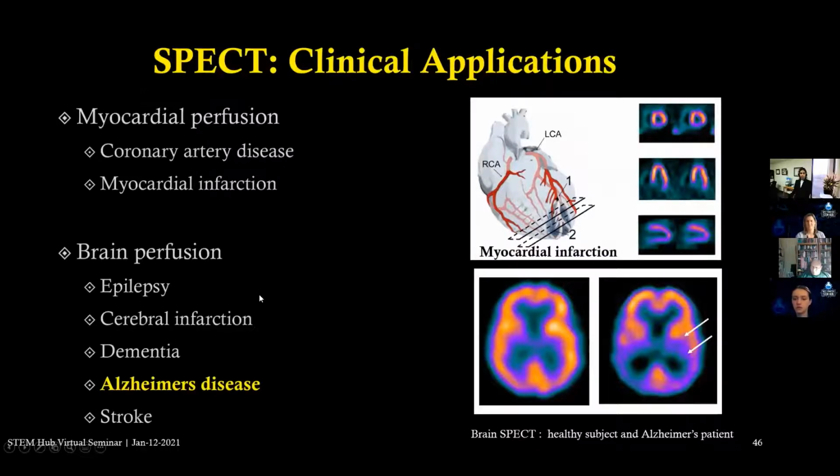And the other application is brain perfusion. So this is the perfusion in a normal subject, and this is in a patient with Alzheimer's. As you see in Alzheimer's, the neurons keep dying, and there's reduced perfusion, indicating that there is no neural activity here.